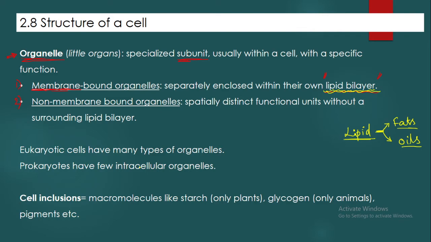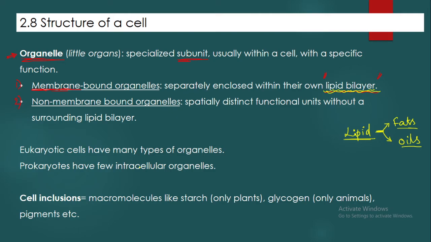So the membrane, what is it made up of? It is made up of lipids. And what we are telling is bilayer. One layer, one more layer becomes a bilayer.